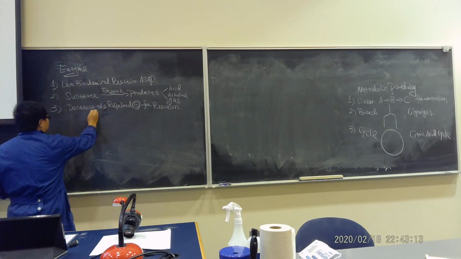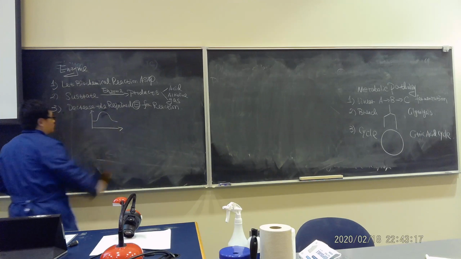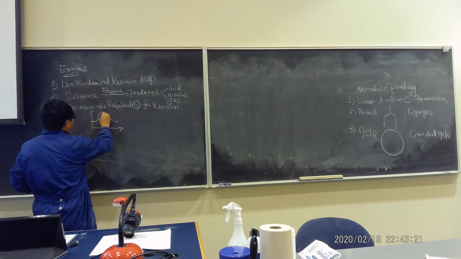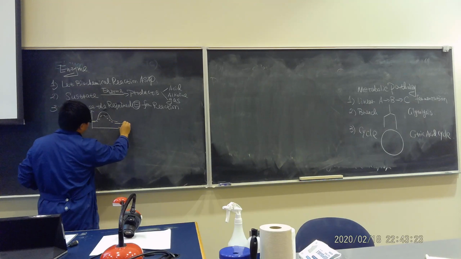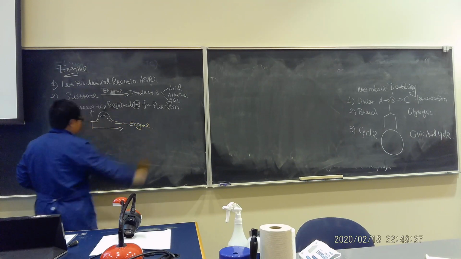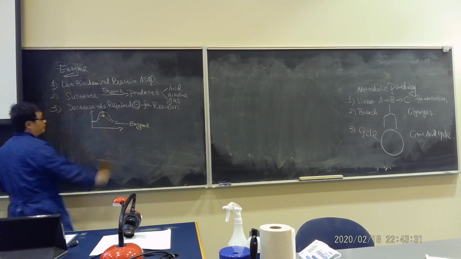So let's say normally you need so much energy. And if I put in an enzyme, you only need much less energy to let it happen. Okay? This is the gap between them. This is the function of the enzyme.